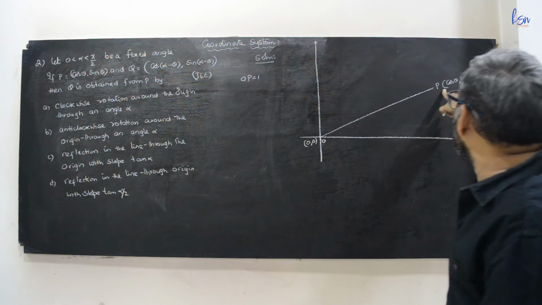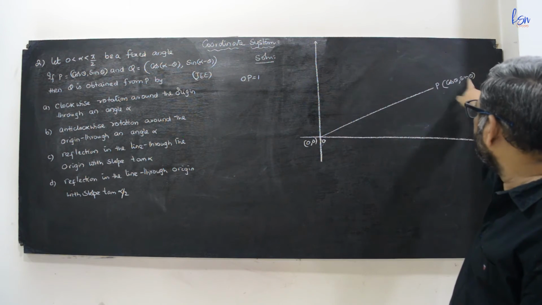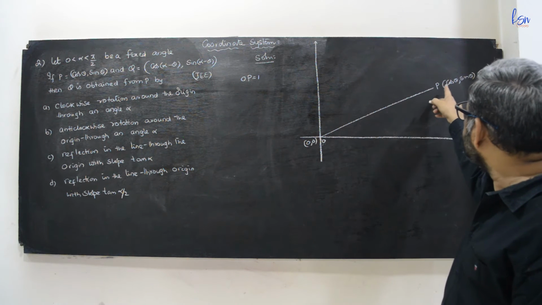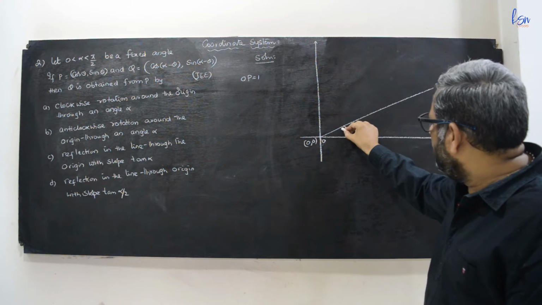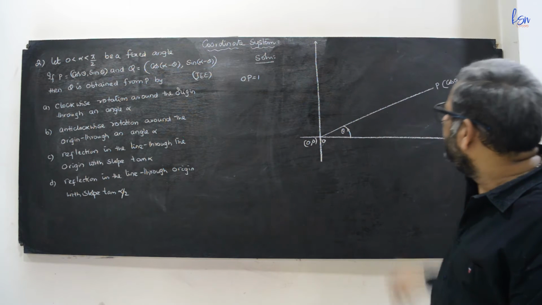Since this point is (cos theta, sin theta) and OP is 1, we can say that the line OP makes an angle theta with the positive direction of the x-axis.